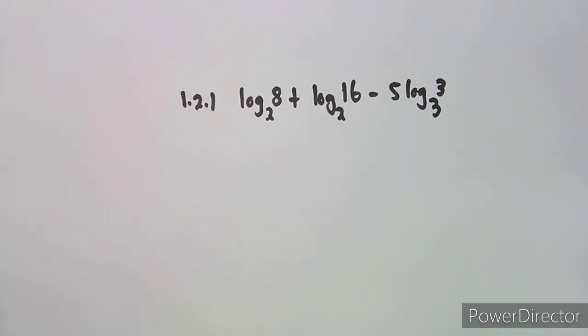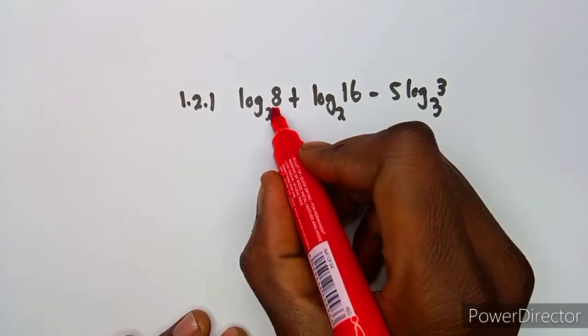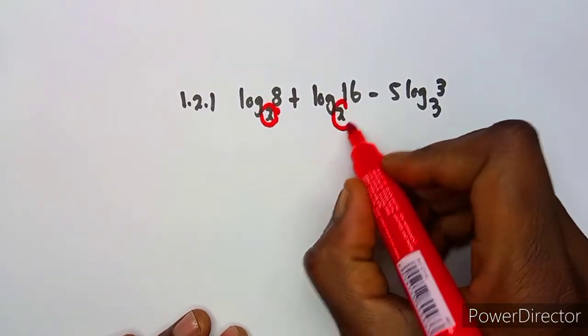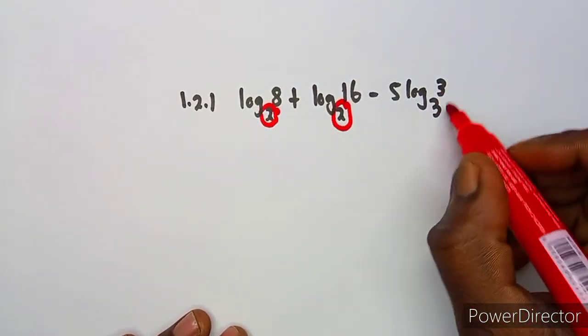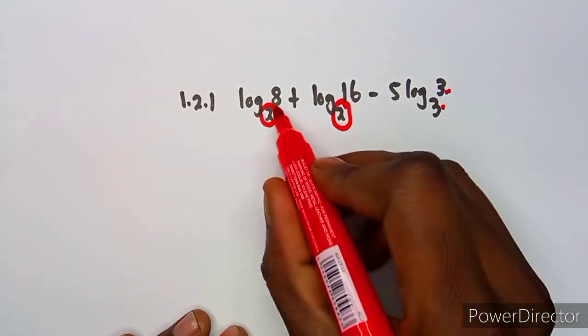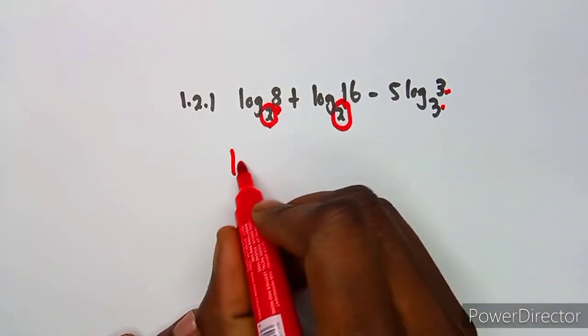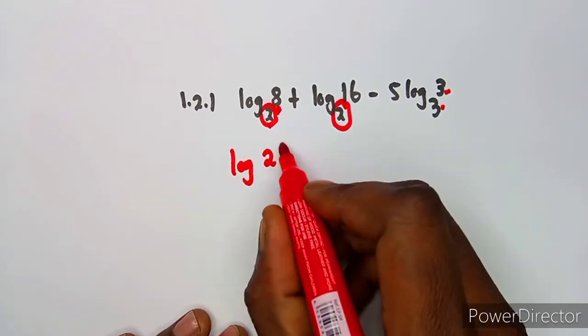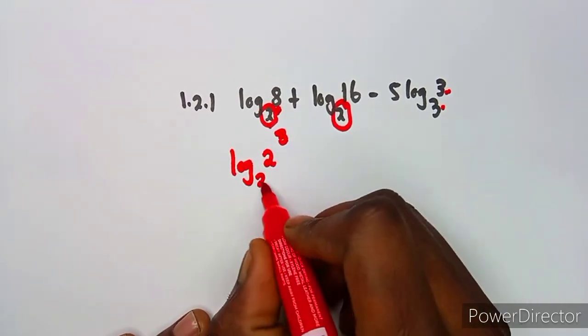All right, so remember what I told you guys: whenever you're simplifying logarithms without a calculator, make sure you write the logarithm in terms of the base that you're given, just like on this one, 3 and 3, so it can be easier. So 8 in terms of 2 is the same as 2 to the exponent of 3 in base 2.